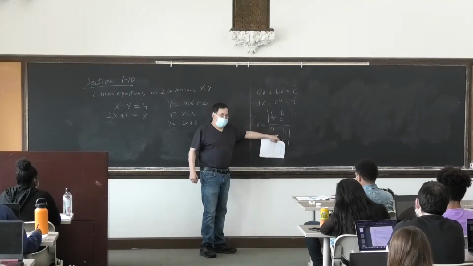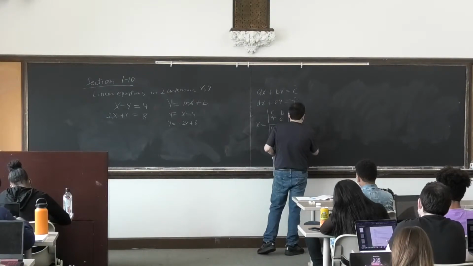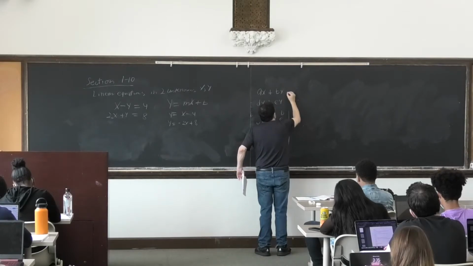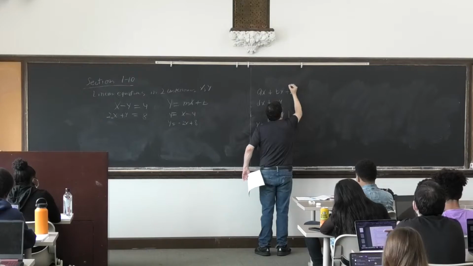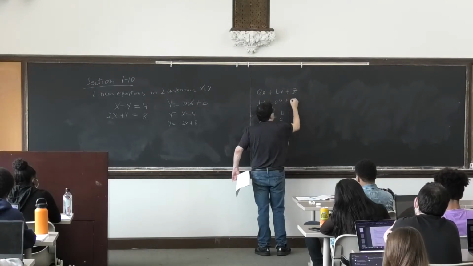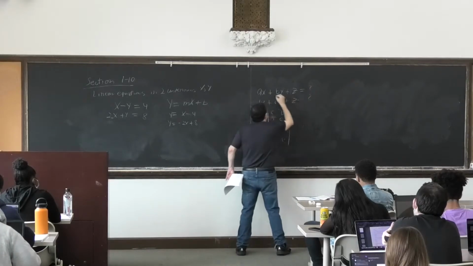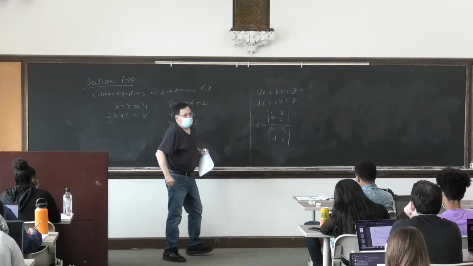And it has the nice feature that if you happen to have three equations, with x, y, z and some coefficients, you have three equations and three unknowns, you can just apply Cramer's rule.